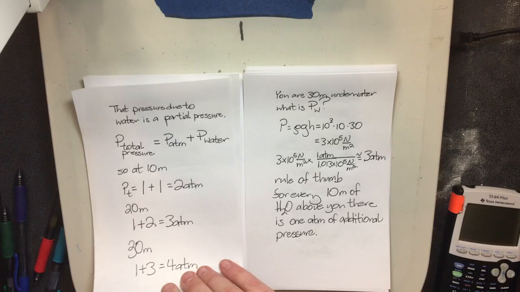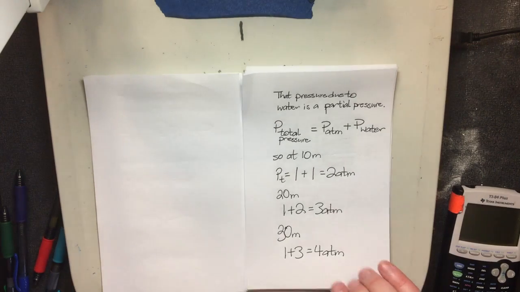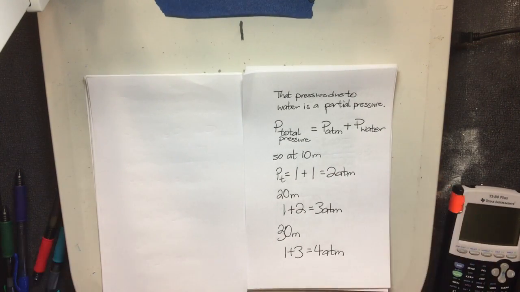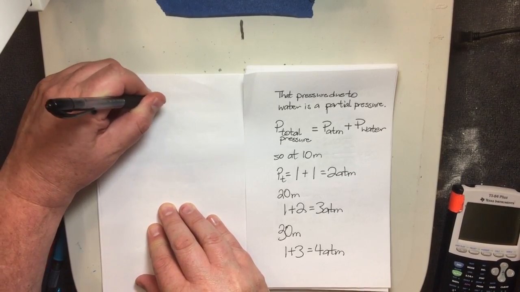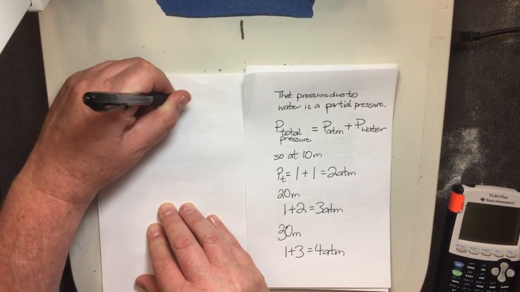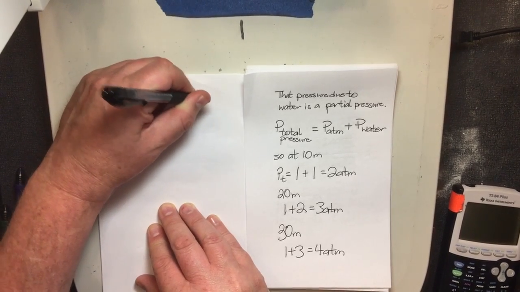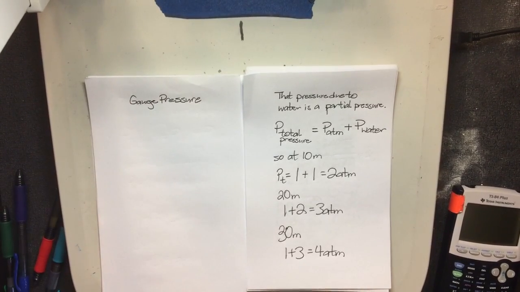With these multiple pressures, there's also something called gauge pressure. The gauge pressure is similar to the pressure of the water. Where is the gauge pressure commonly used?